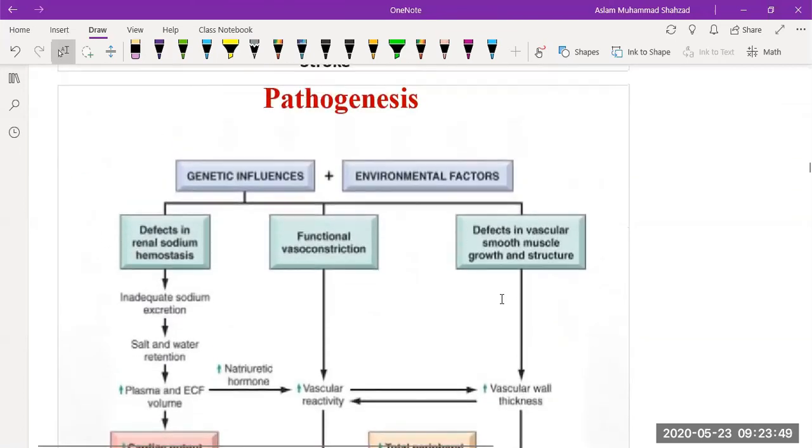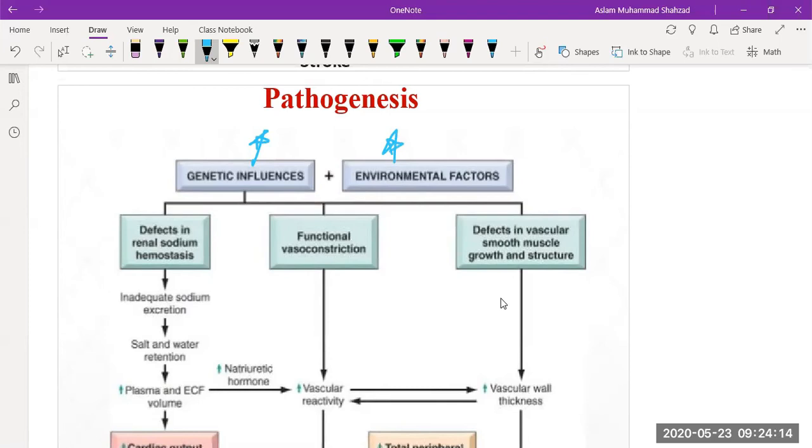What is the pathogenesis of hypertension? There are two reasons that have been explained. One is genetic influence, as we discussed with African Americans, who have more chances of becoming hypertensive, or environmental factors such as lifestyle, your diet intake, such as sodium intake, and obesity.